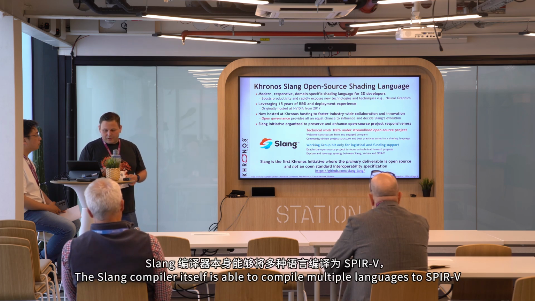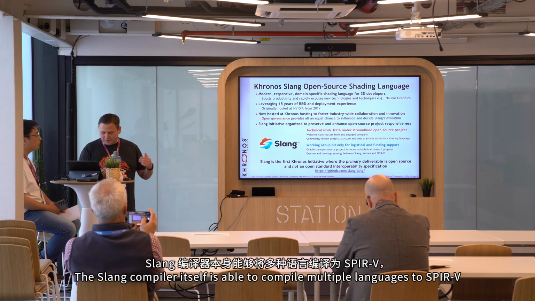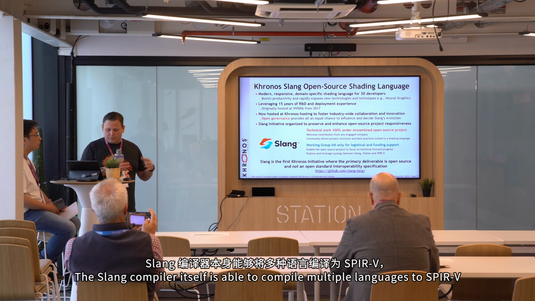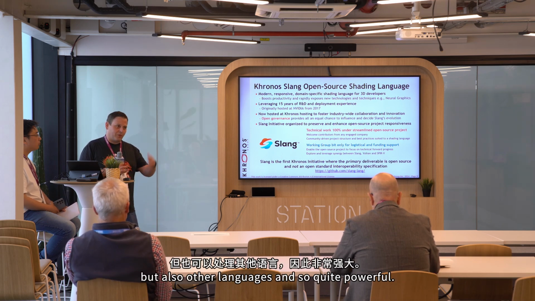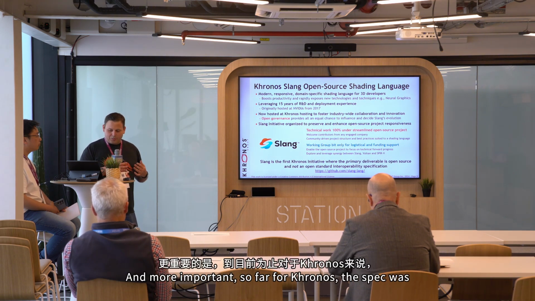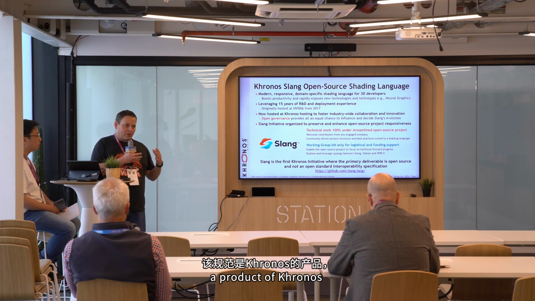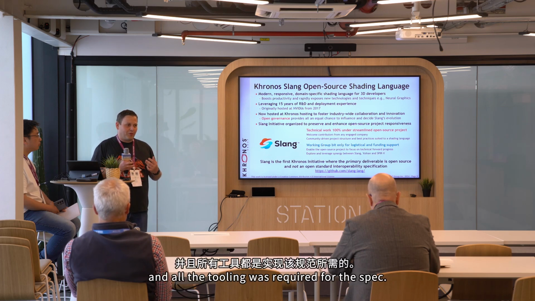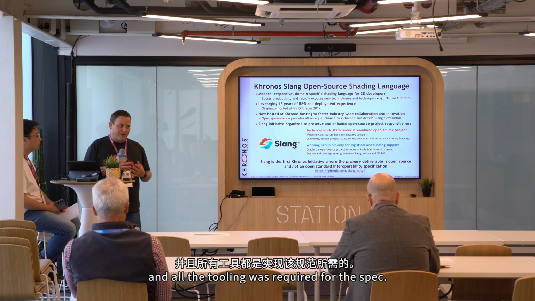The Slang compiler itself is able to compile multiple languages to SPIR-V, but also other languages, and so quite powerful. So all the technical work is now streamlined under this open source project. And more important, so far for Khronos, the spec was a product of Khronos and all the tooling was required for the spec.